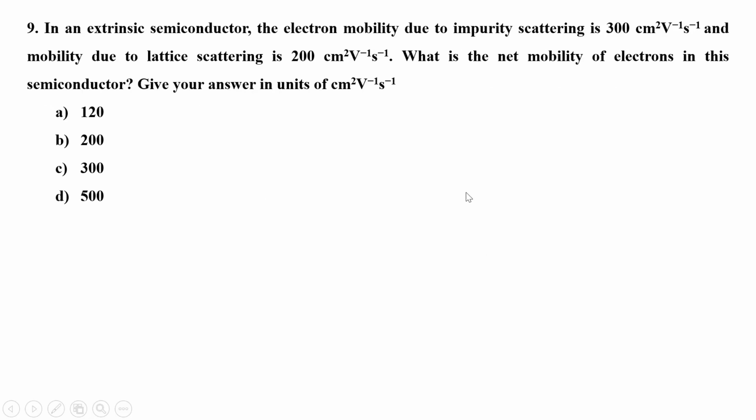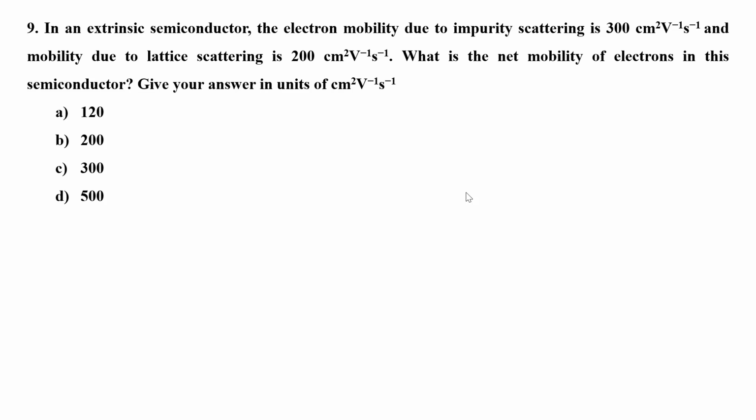So the next question is: in an extrinsic semiconductor, electron mobility due to impurity scattering is 300 centimeter square volt inverse second inverse, and mobility due to lattice scattering is 200. What is the net mobility of these electrons in the semiconductor? This is based on a particular rule. Whenever you have an extrinsic semiconductor, there will be mobility due to impurity scattering as well as due to lattice scattering.